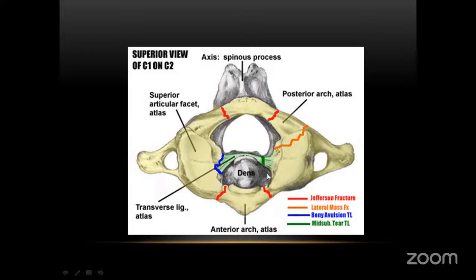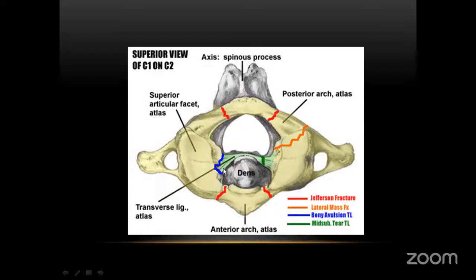It is detached from the periosteum. That is called the atlanto-periosteal disruption, transverse atlanto-periosteal disruption of the transverse ligament. So these two types are called the anatomical types.